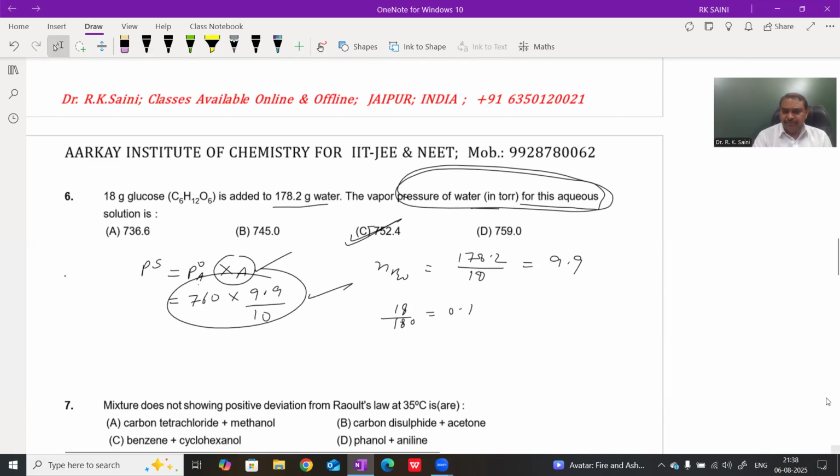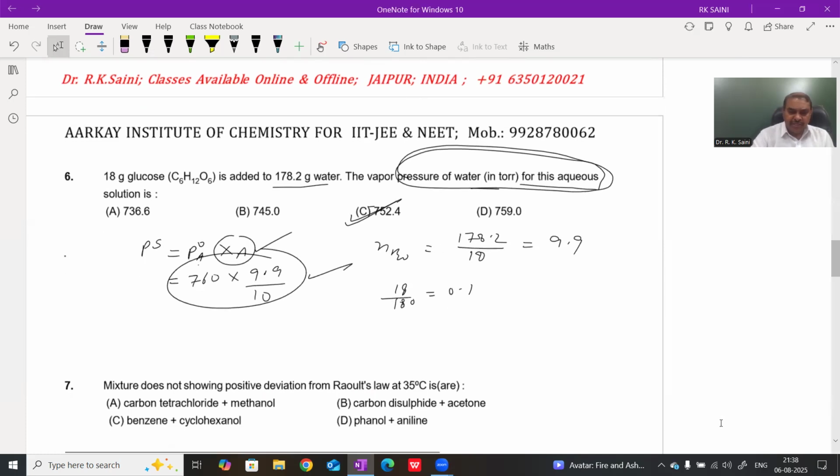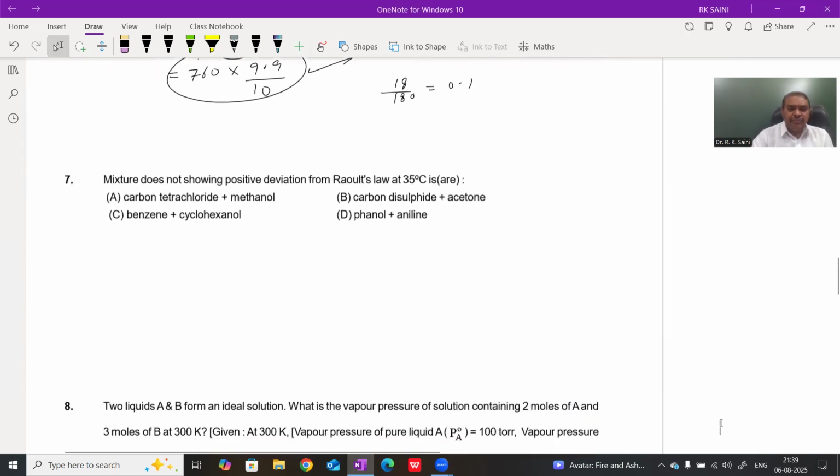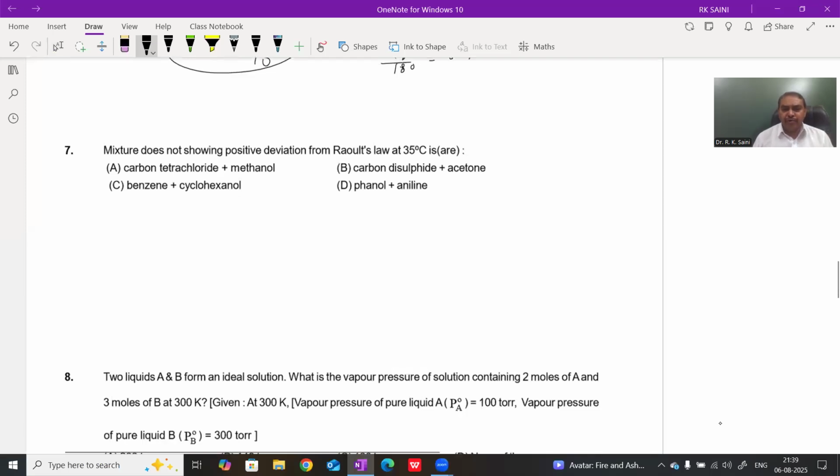Question number 7. Which mixture does not show positive deviation from Raoult's law? Carbon tetrachloride and methanol. First of all, we write types of attraction forces in pure form. For example, CCl4 is non-polar, therefore dispersion forces between the molecules.